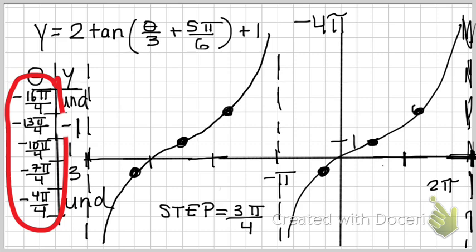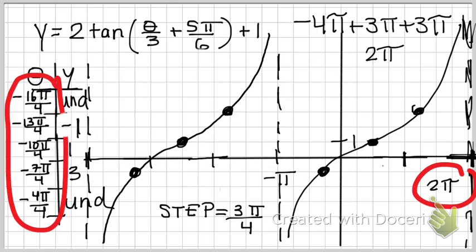The period was 3 pi. So I was going plus 3 pi and then plus 3 pi. And that's 6 plus negative 4 is 2 pi. So that tells me where it's going to as well. Just doing it numerically instead of graphically. Okay? So that is the graph of tangent.